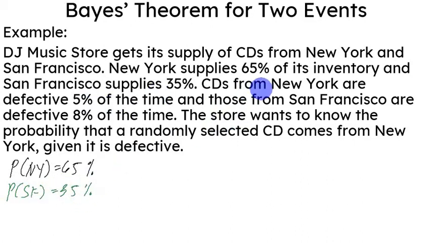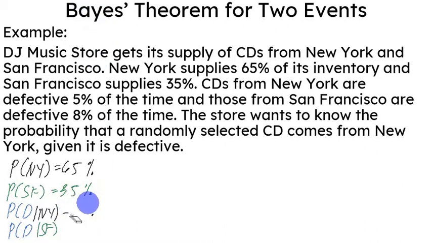CDs from New York are defective 5% of the time. So that means the probability that the CD is defective given that it came from New York would be 5%, while the probability that the CD is defective given it's from San Francisco is 8% of the time.